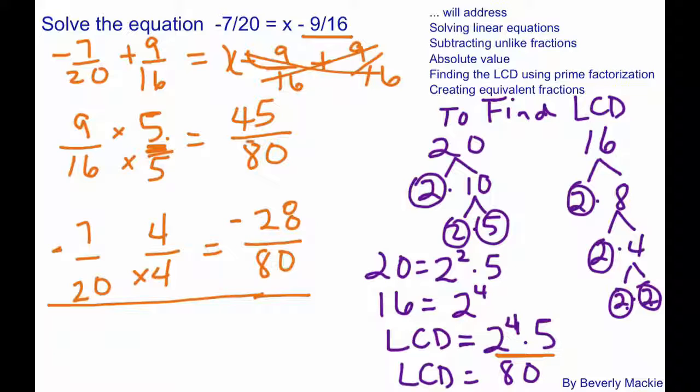With that, we can subtract. And so we have 45 minus 28, which is 17, over 80. x equals 17 over 80.